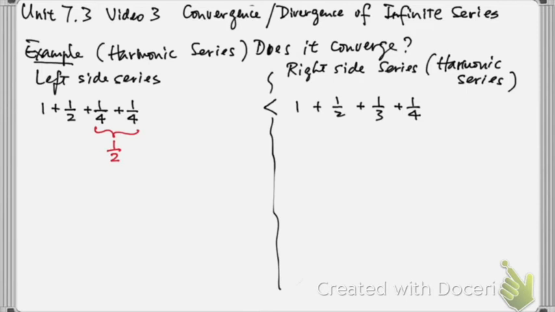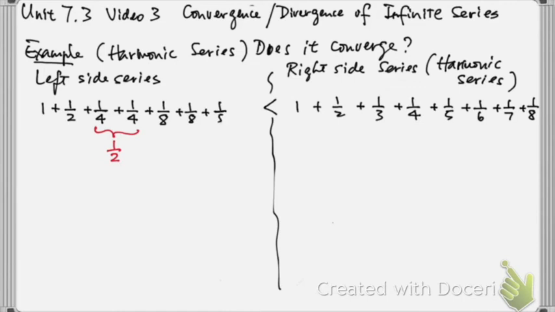So on the right side, I'm going to add 1/5 plus 1/6 plus 1/7 plus 1/8. On the left series, I do something similar, but instead of adding 1/5, 1/6, 1/7, 1/8, I'm just going to add 1/8 4 times.